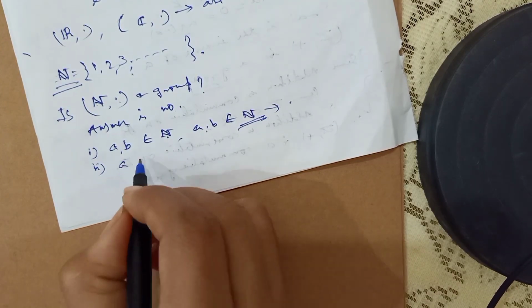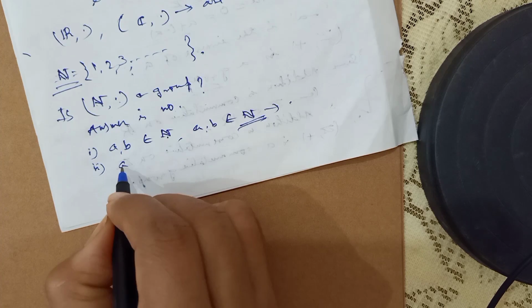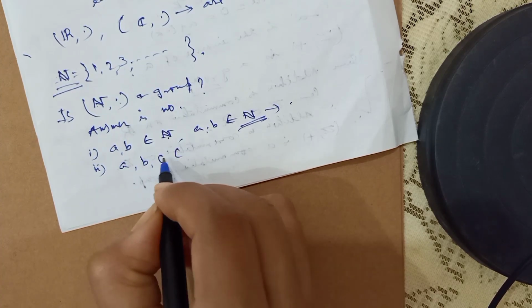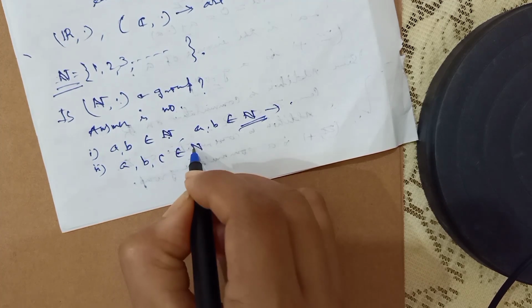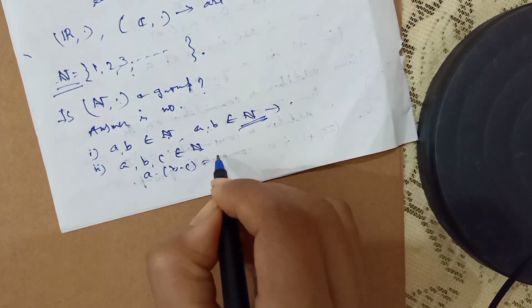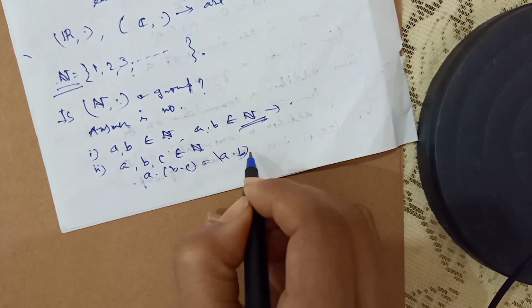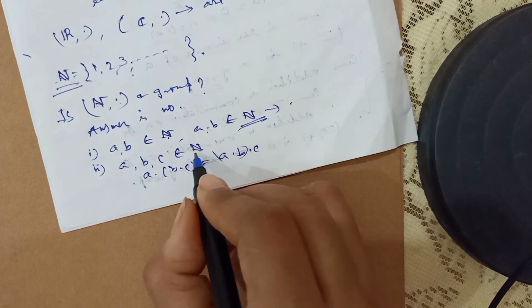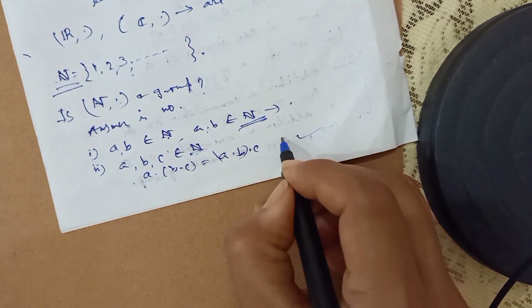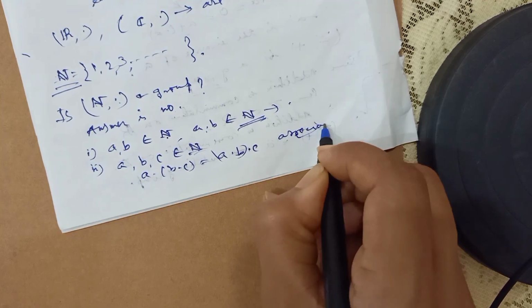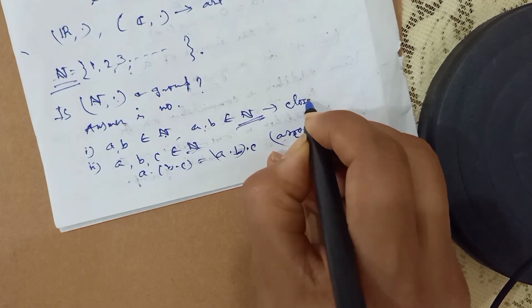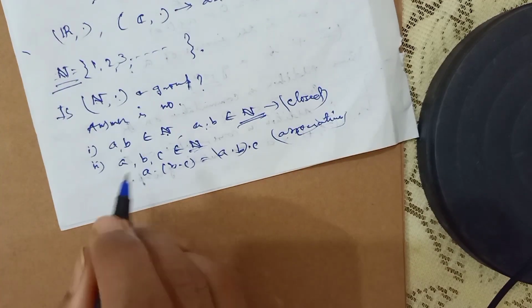Second thing is, let A, B, C be elements of N, then (A dot B) dot C equals A dot (B dot C) on N. So dot is associative, and dot is closed.